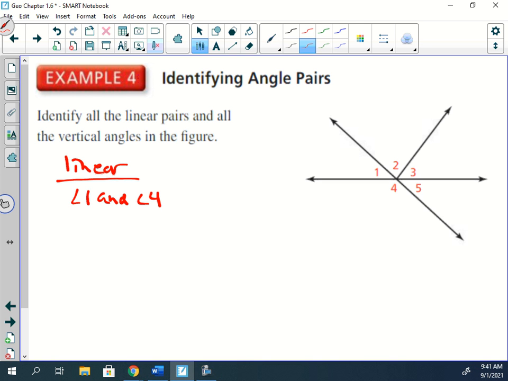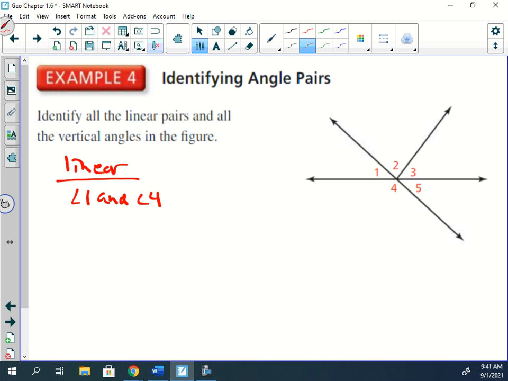But why would they not be a linear pair? What are we talking about? Linear what? What is a pair? Two, yes? So angles 1, 2, and 3 is three angles, not two. Because if we're talking about linear pairs, we're talking about two angles. So 1 and 4 work.